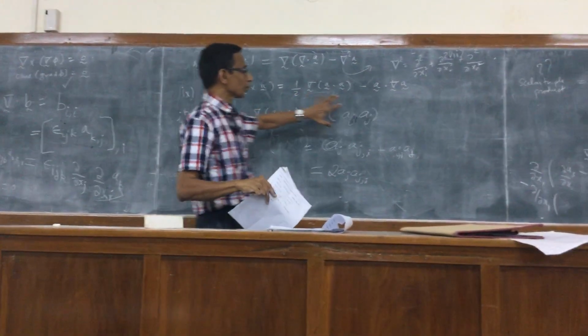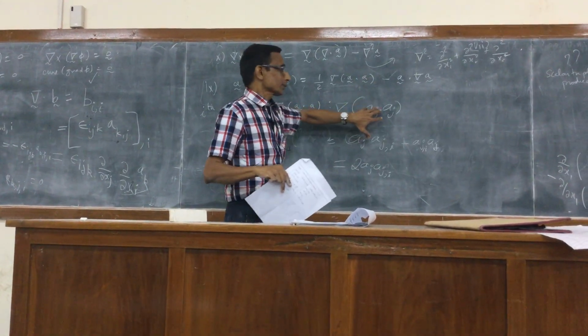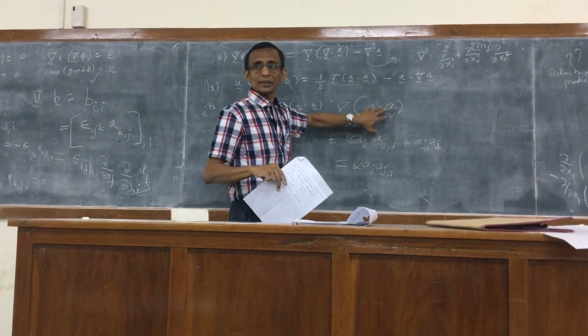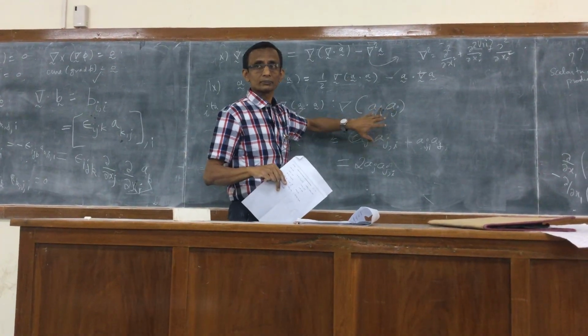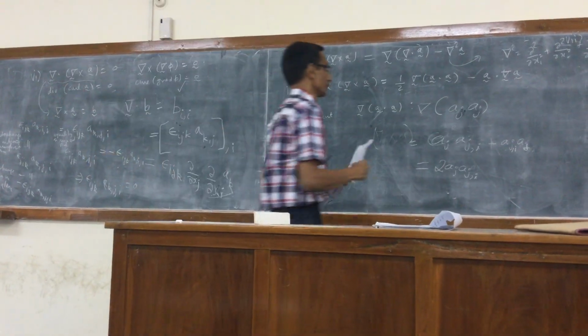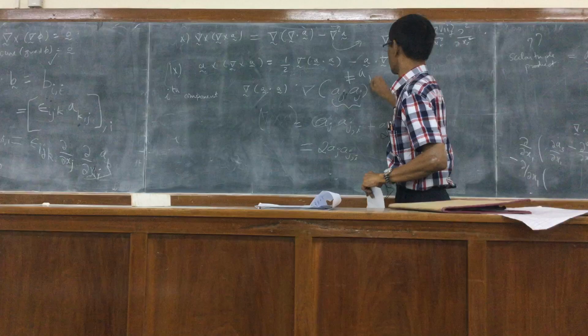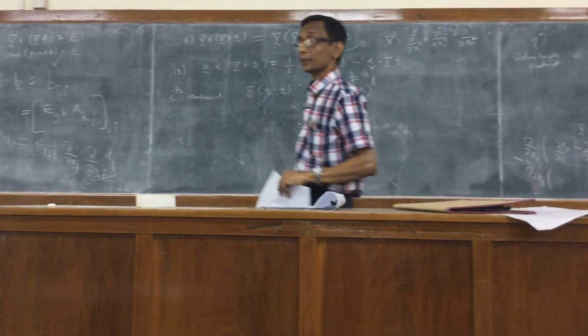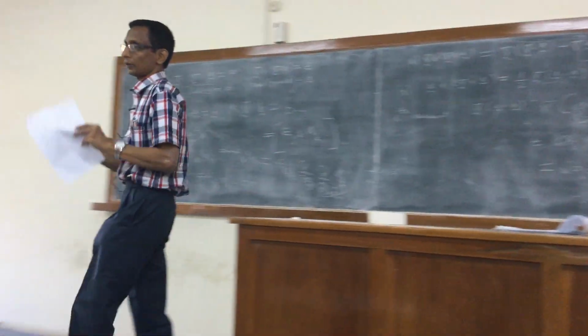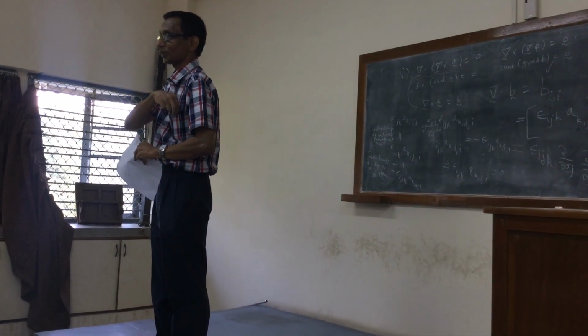The important thing to remember is that this is tempting to write as A_j squared, for instance. It is not. That's what you have to understand. This one is not equal to A_j squared, because you're using the repeated summation index convention.